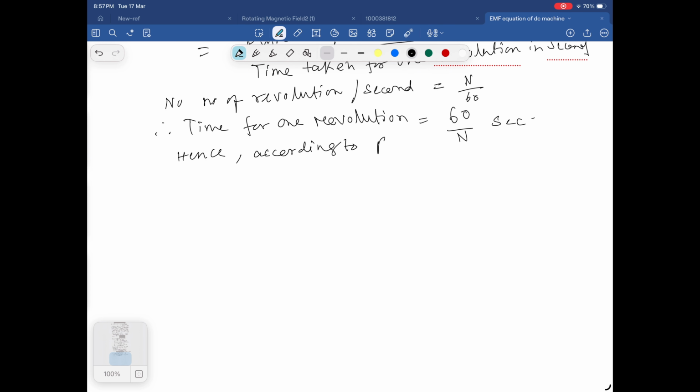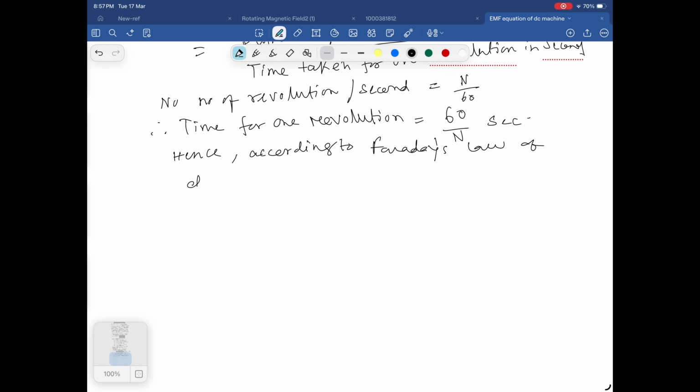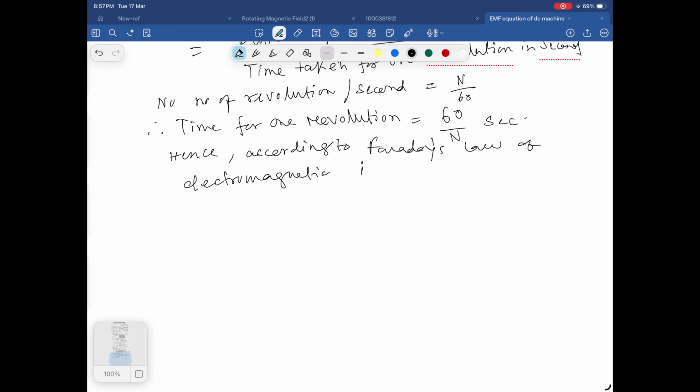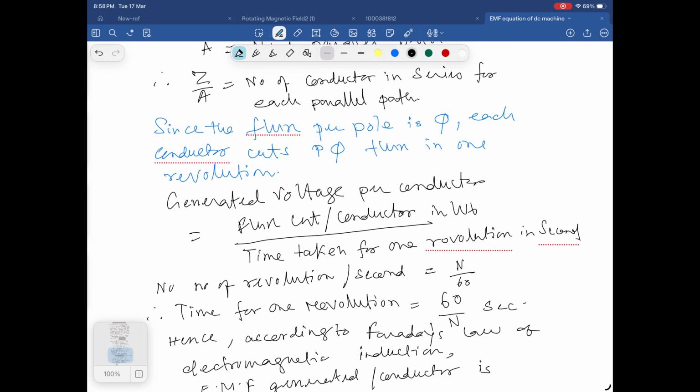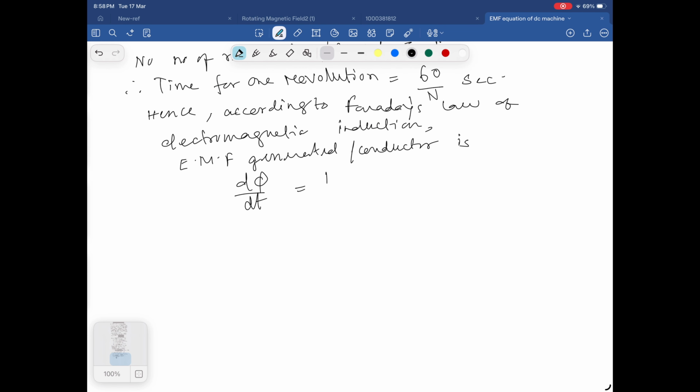So hence, according to Faraday's law of electromagnetic induction, EMF generated per conductor is d phi dt, and this is equal to P, the number of poles, phi P divided by 60 by n, so this is phi Pn by 60.